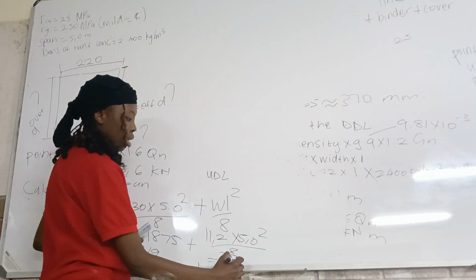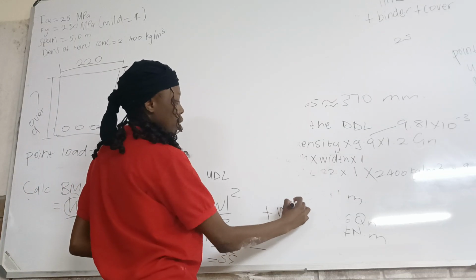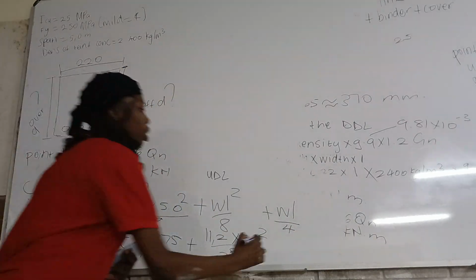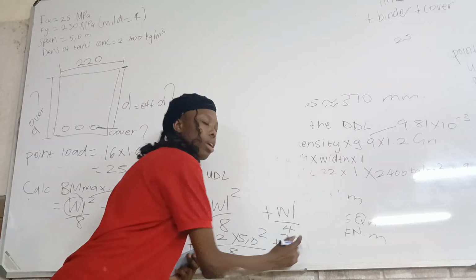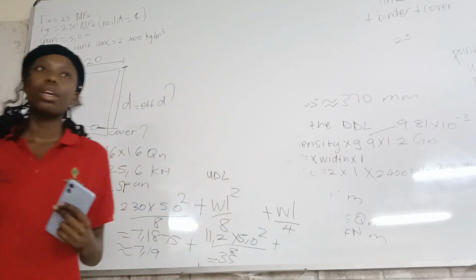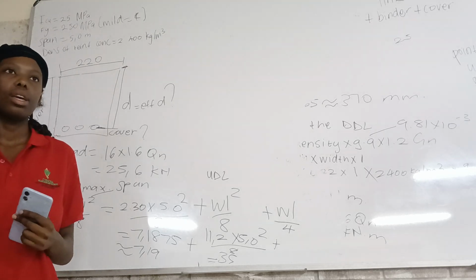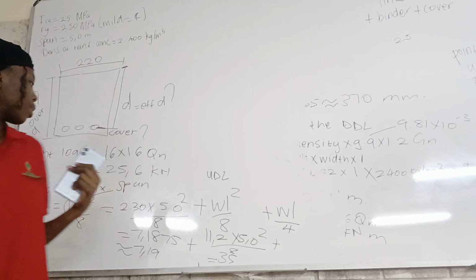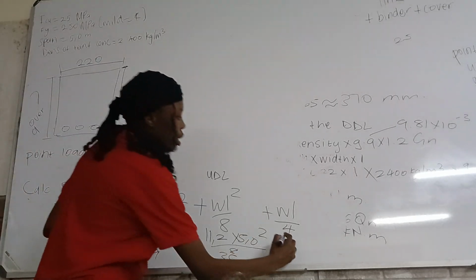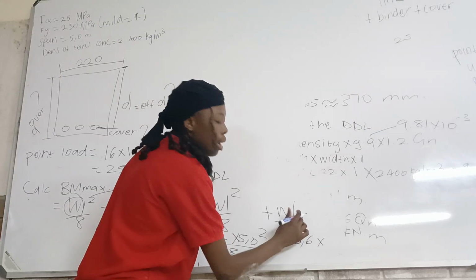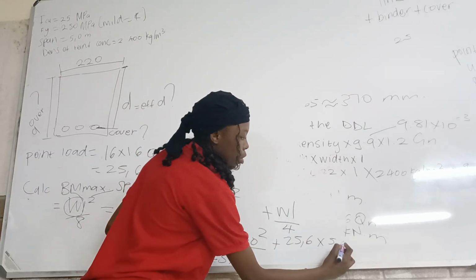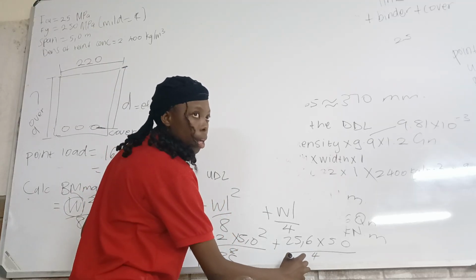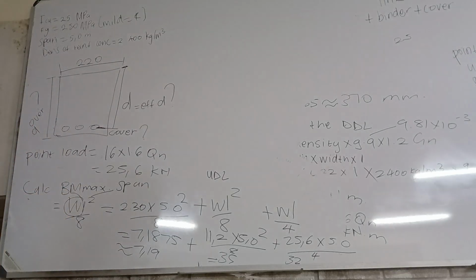Then plus the point load, which is WL over 4. W for the point load is 25.6, L is 5.0, and then divided by 4, which gives 32.